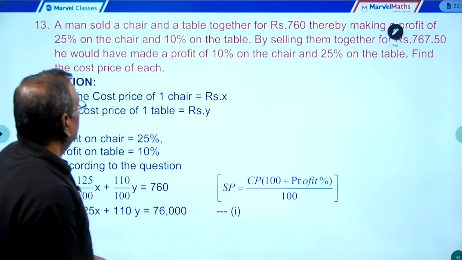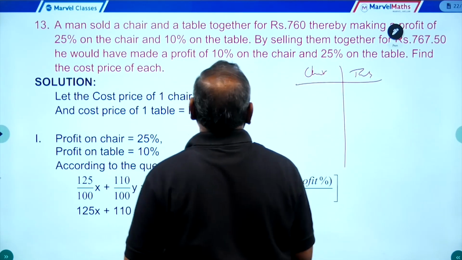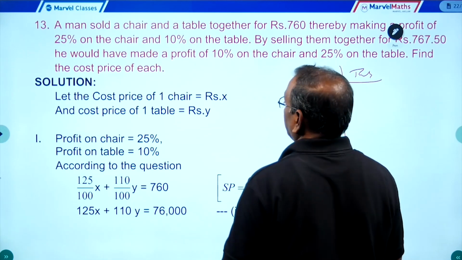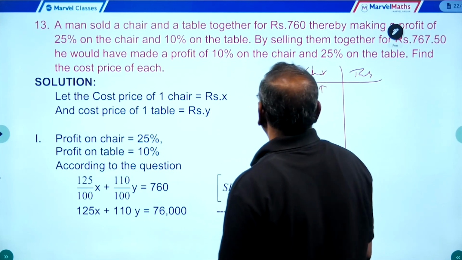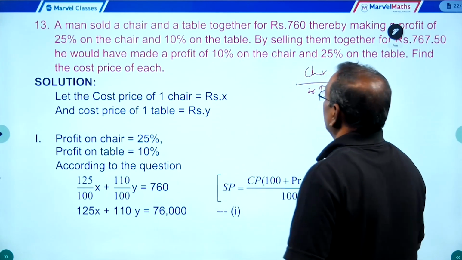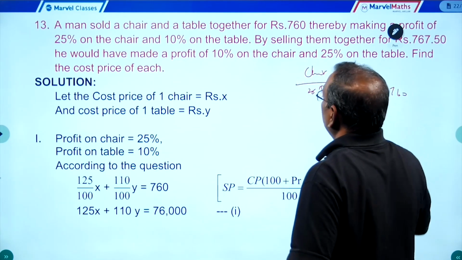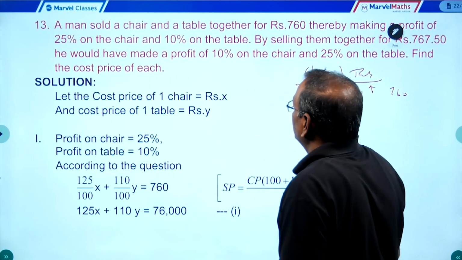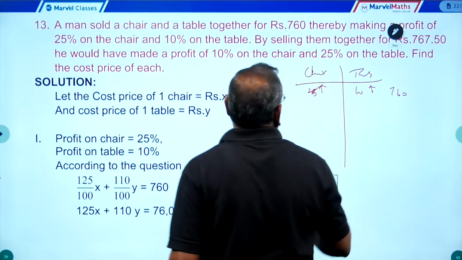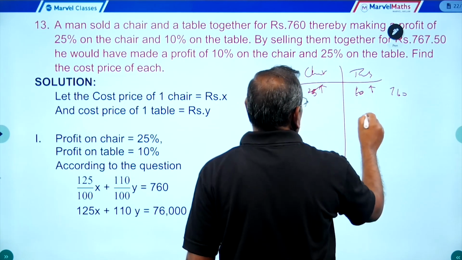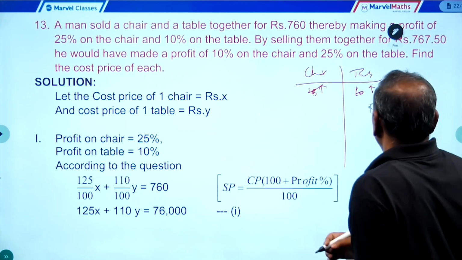A man sold a chair and table together for 760 rupees, making a profit of 25% on the chair and 10% on the table, and the total amount received by that shopkeeper is 760.